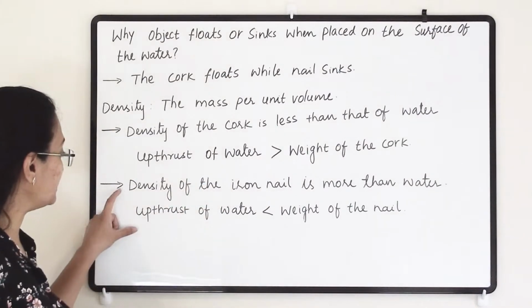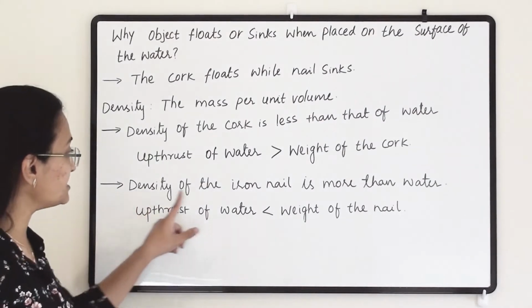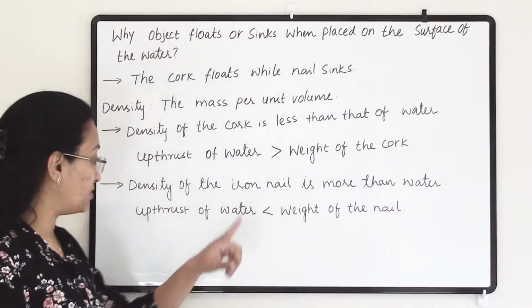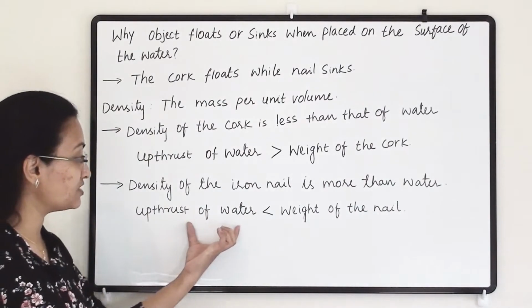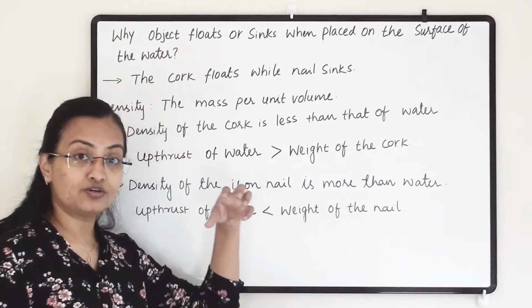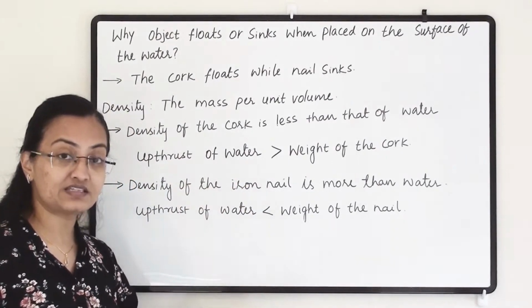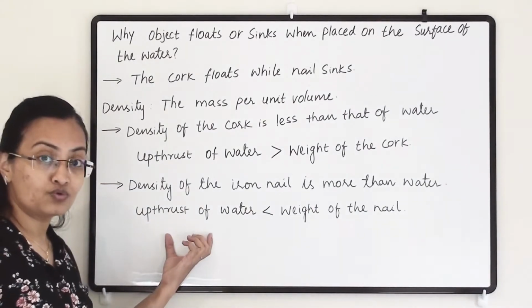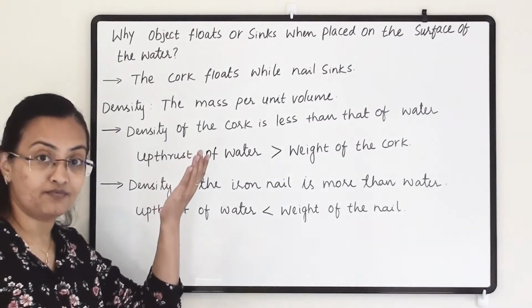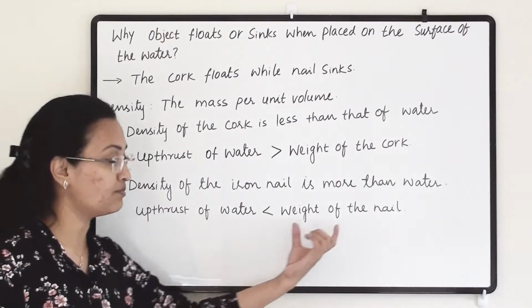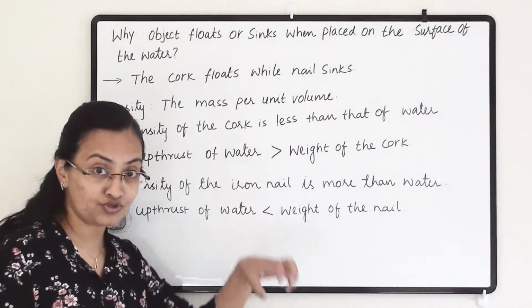Now what will happen in the case of the nail? The density of the iron nail is more than that of the water. Because of that, the upthrust of water will be less compared to the weight of the nail. The weight of the nail pulls it downward because of the gravitational force, but the upthrust force pushes it upward. Here the upthrust or buoyant force is lesser compared to the force pushing it down.